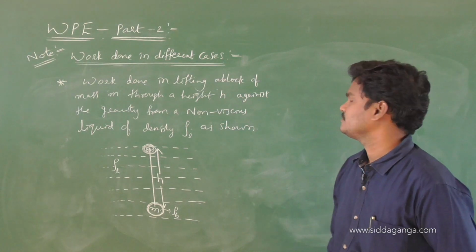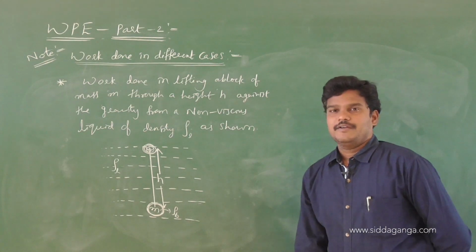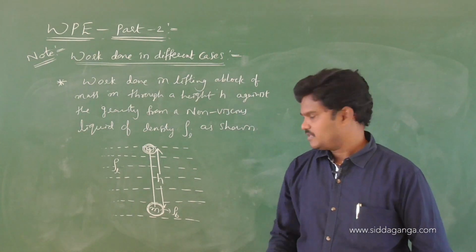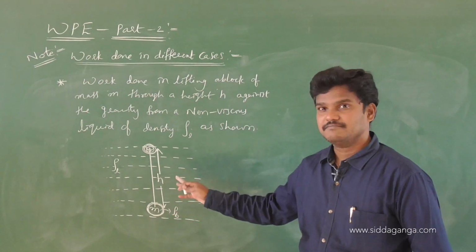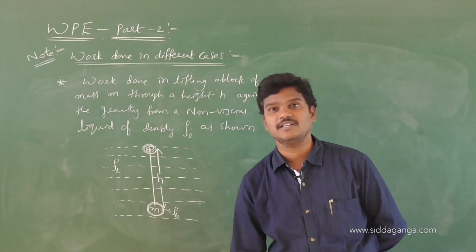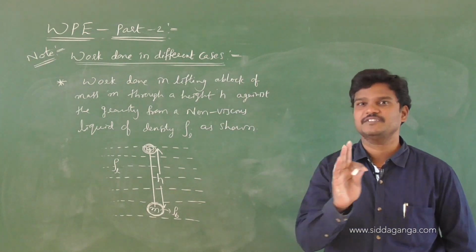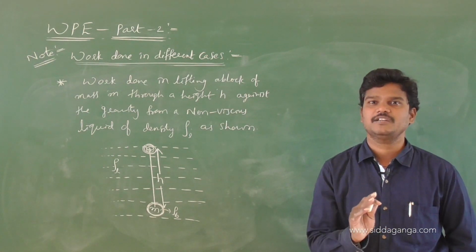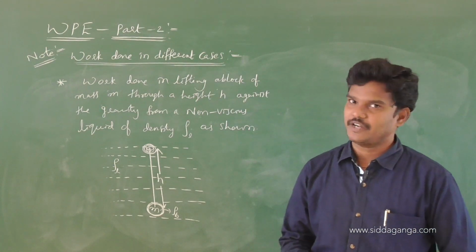So work done is minus mgh, no doubt. m does not change, they gave density, and height remains the same. What changes? Gravity. I think you know gravity is different at different places. Here effective gravity is different. That effective gravity we have to calculate.